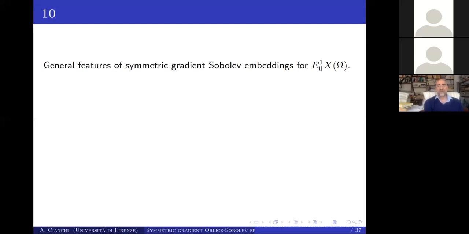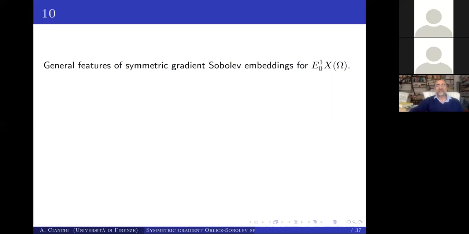This corresponds in the classical case to the situation when P is less than or equal to N. By supercritical regime, I mean the situation where one has embedding to L infinity, but even more, one has embeddings into spaces with a modulus of continuity, Hölder continuity in the classical case. And this corresponds to P strictly larger than N.